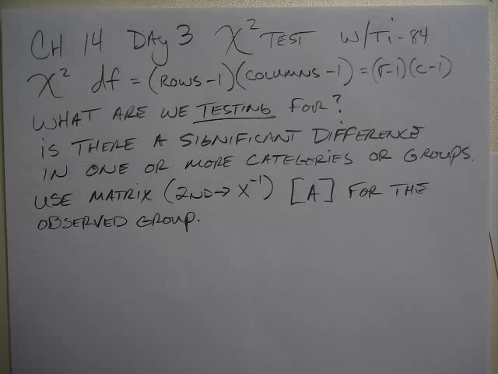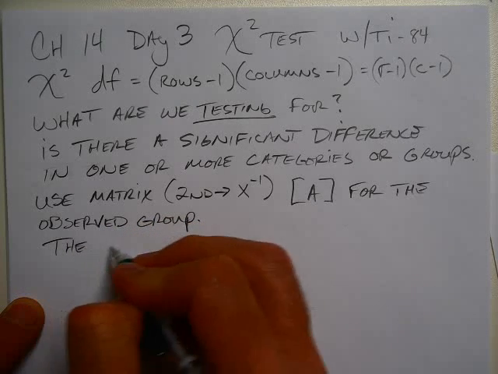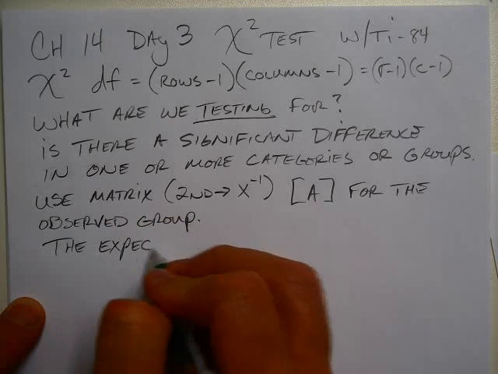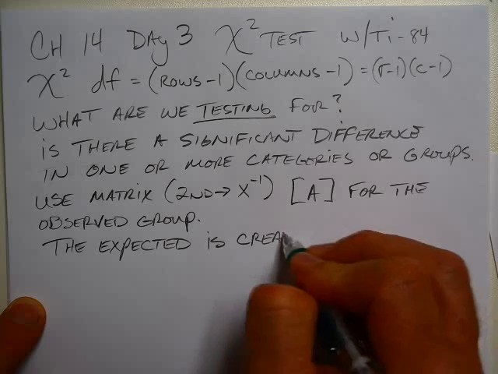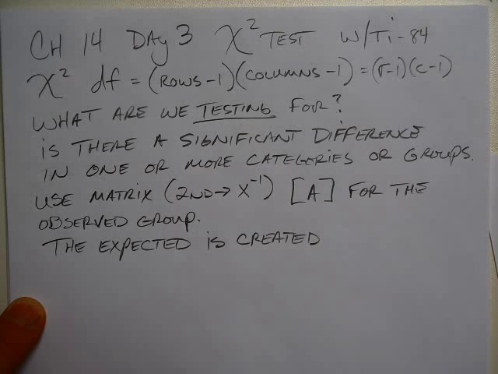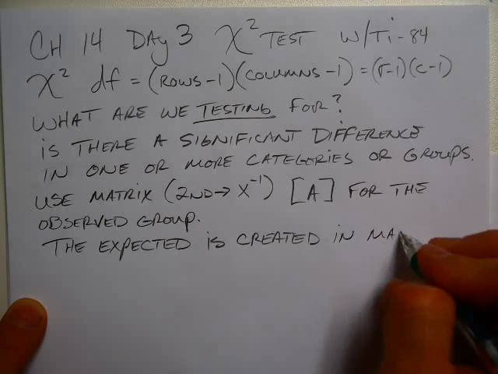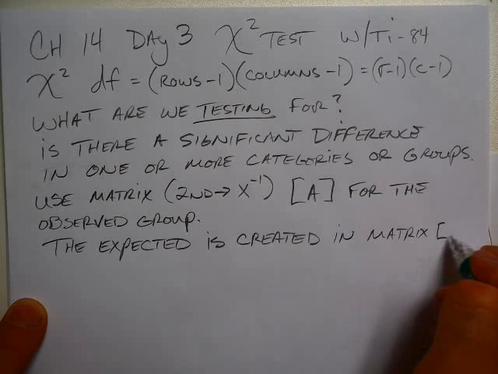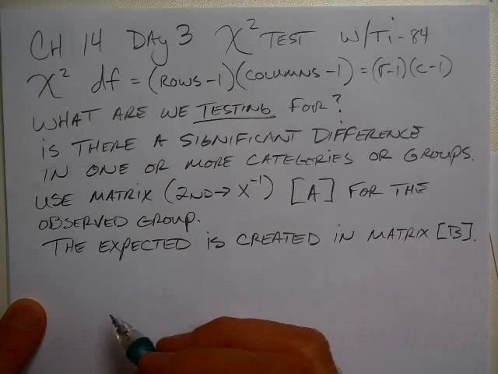The cool thing is the calculator actually will calculate the expected for us. So we don't need to make the expected. The expected is created by some mathematical magic in matrix B. You do not need to calculate it.